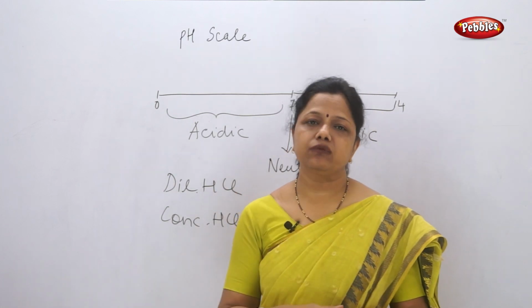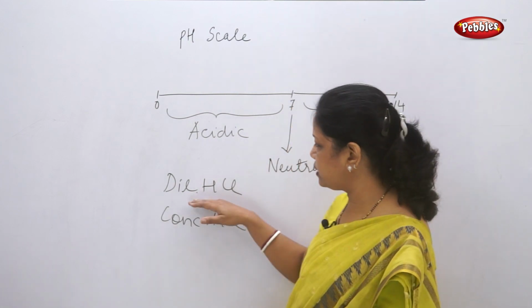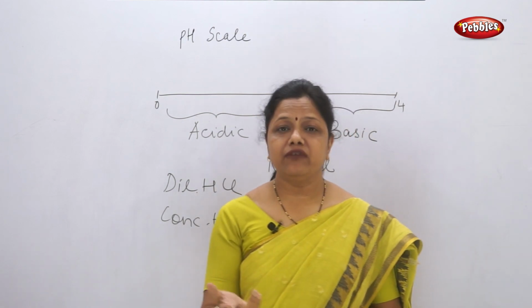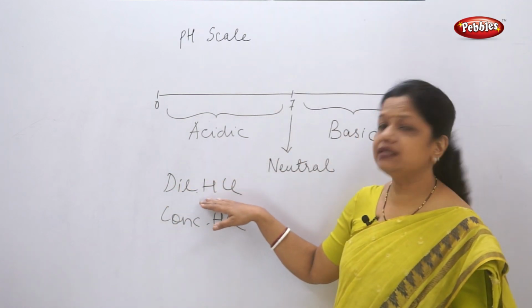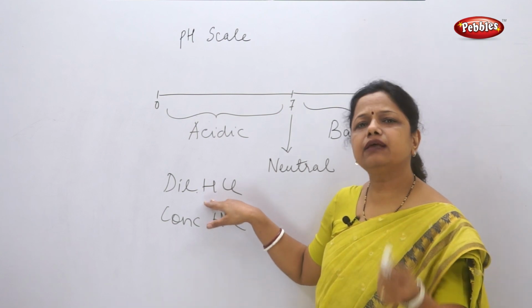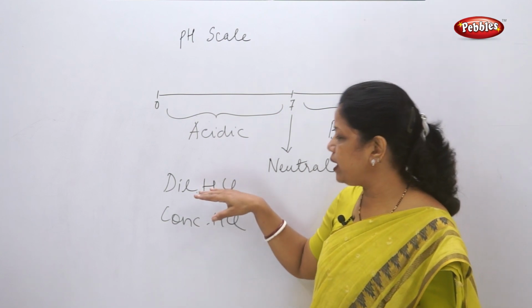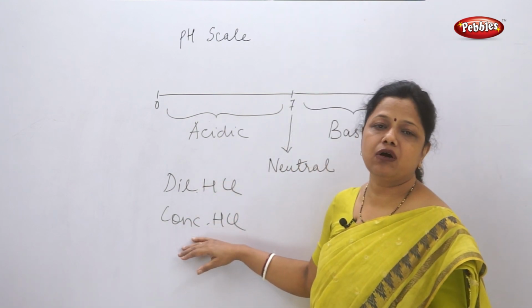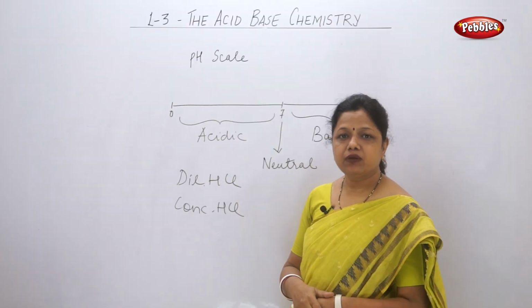If I ask you to find the strength of dilute HCl and concentrated HCl, theoretically, since the acid content is less and water content is more in dilute HCl, you will say that the pH value of dilute HCl will be more than the pH value of concentrated HCl. Why?